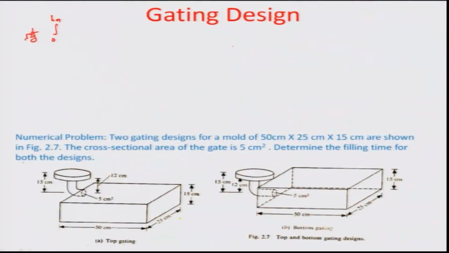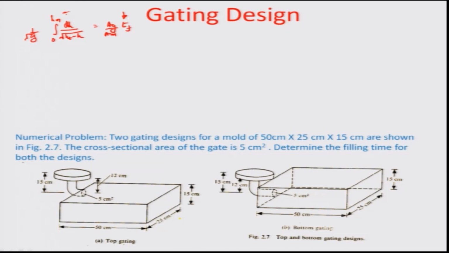So, 0 to Hm dH divided by root of Ht minus H equals Ag by Am times Tf, where we say it takes Tf time to fill up the whole mold, so that the height goes from the existing H value with dH addition all the way to Hm.